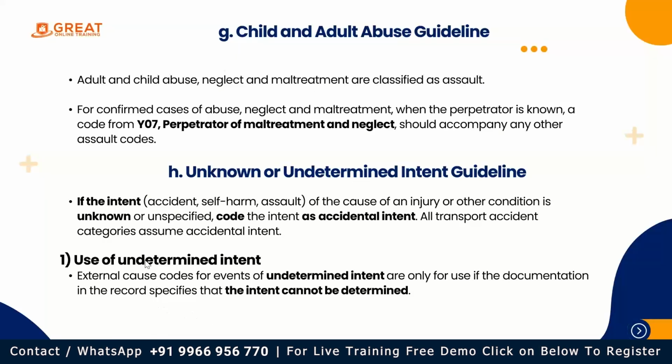So you have to remember that if the intent is not mentioned in your documentation, meaning accidental, self-harm or assault is not mentioned, in that case you have to select accidental intent code. But if this particular note is there, the intent cannot be determined, like this documentation is there in your report or in your question, you have to select undetermined intent codes. Okay. And we have separate category for undetermined.